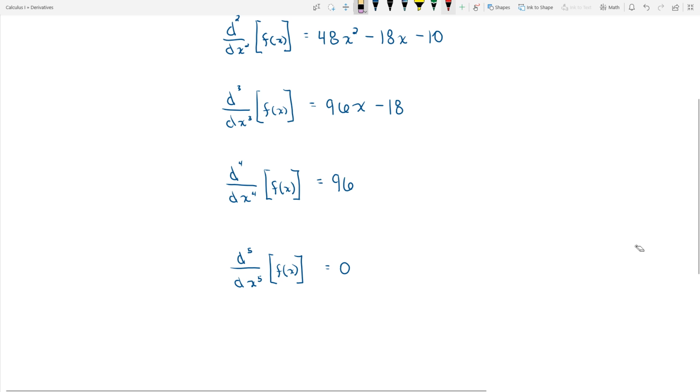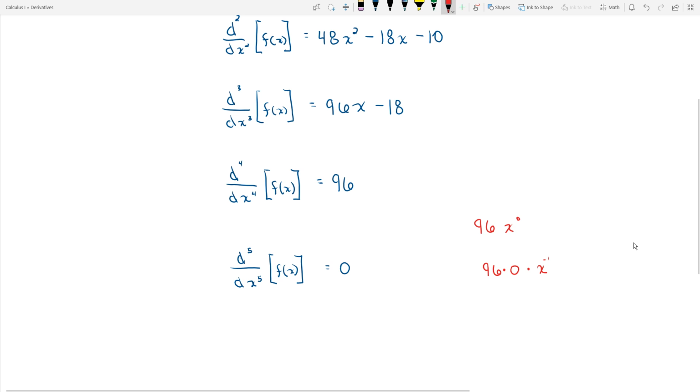So that's essentially what we're doing, is we're taking that last step. So if we say that it is 96 times x to the 0, right? Well, we take the lead coefficient multiplied by the power of x, so that would be 96 multiplied by 0, multiplied by x to the 0 minus 1. Well, x to the 0 minus 1 leaves us with x to the negative 1.